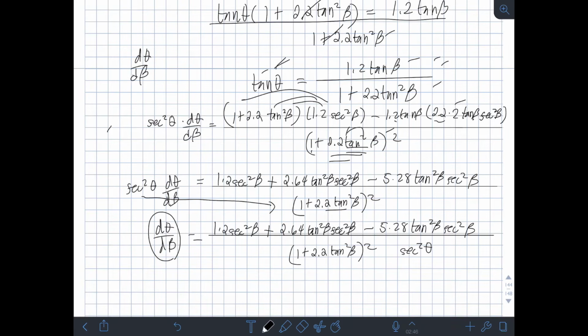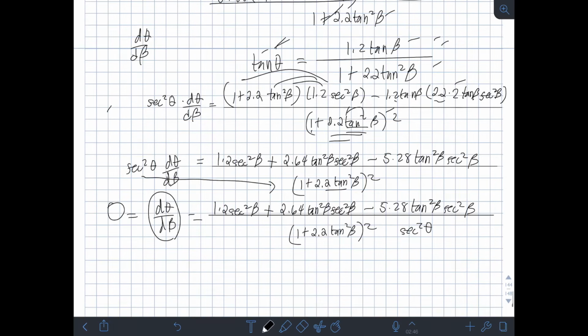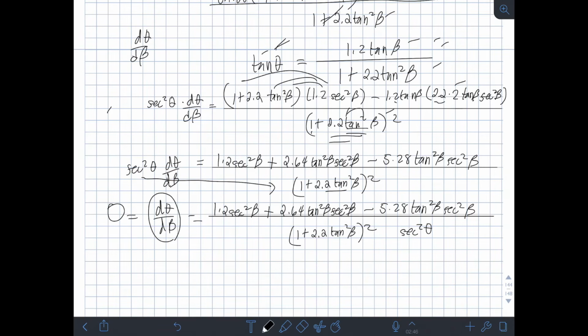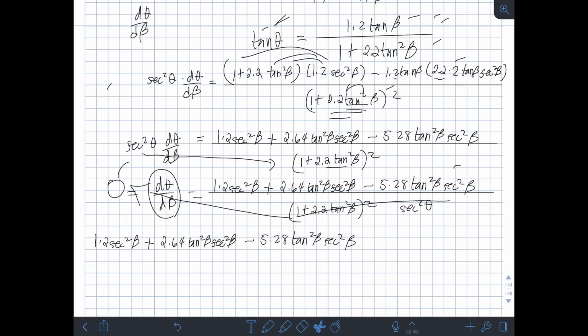Ngayon, i-equate natin to sa 0, right? Ang next step. So, pag in-equate natin to sa 0, so, parang cancel na to, yung denominator. Kasi pag kinross multiply natin, 0 lang siya dito sa left. So, parang ito yung natira. So, copy ko na lang, equated to 0. So, solve natin ngayon dito si beta.